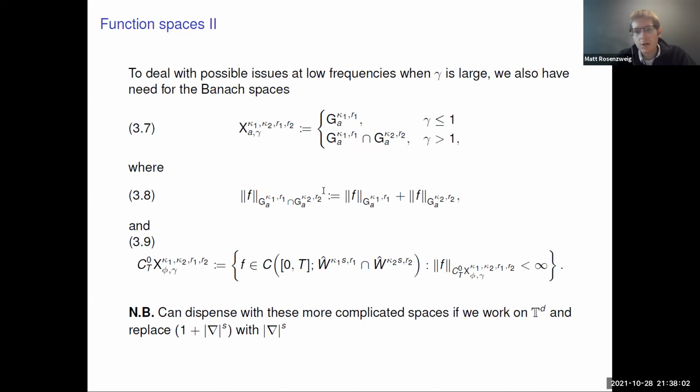And this is going to correspond to that exponent Q that you saw in Theorem 2, more precisely. And that high exponent Q is going to be used to deal with issues at low frequency. And again, you can forget about this two-tier structure if we work in a periodic setting and replace this inhomogeneous expression with the homogeneous fractional Laplacian.